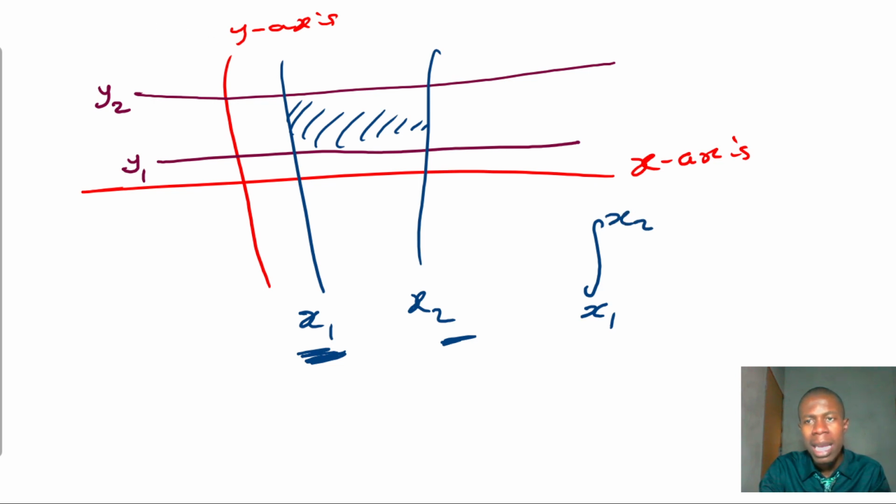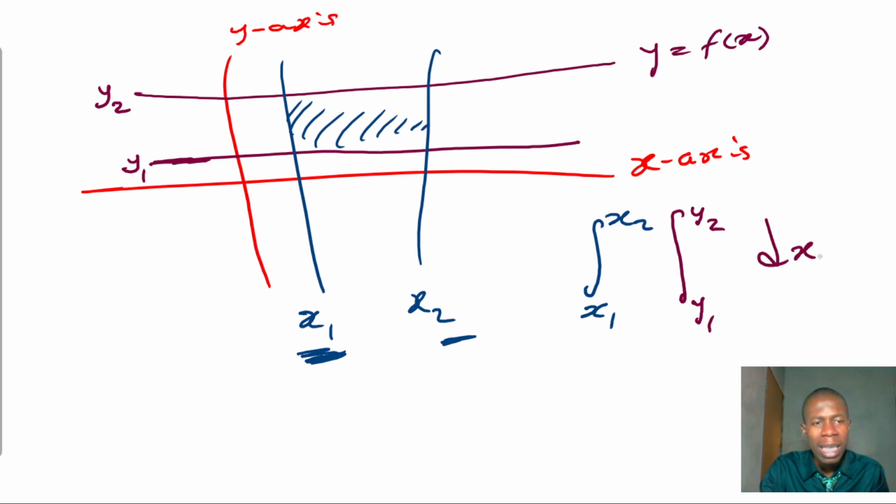Then we come to the boundaries that have variables, let's say x, y, or z. The lower boundary is the one at the bottom here, which is y1, and the upper boundary is y2. Then here, since this is y equals to something, maybe y equals to f of x, what you're going to have here is the x.